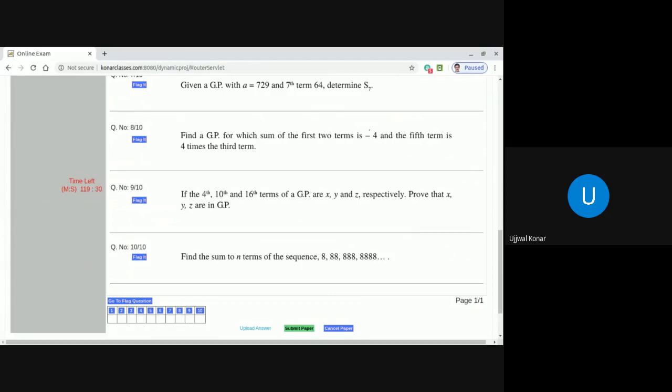So apparently, dear students, if you see, it looks like this belongs to neither an AP nor a GP. Correct or not? Okay.